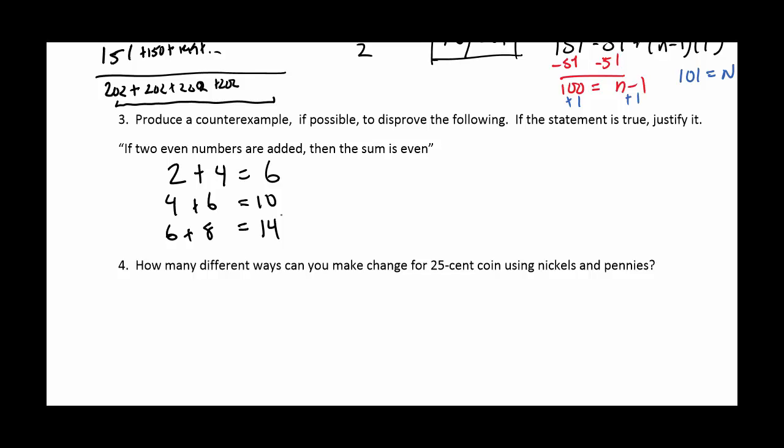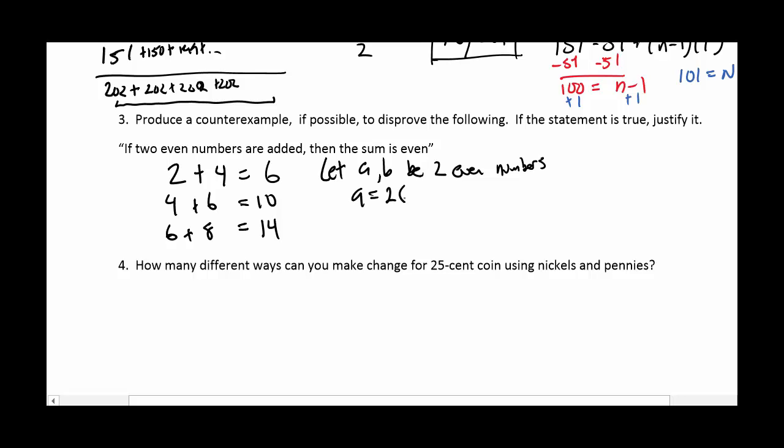Okay, so to sort of justify it or prove it, I'm going to go very generic here, and I'm going to say let A and B be two even numbers. So what would A look like?